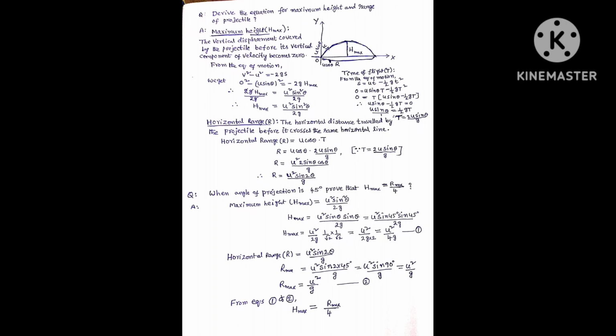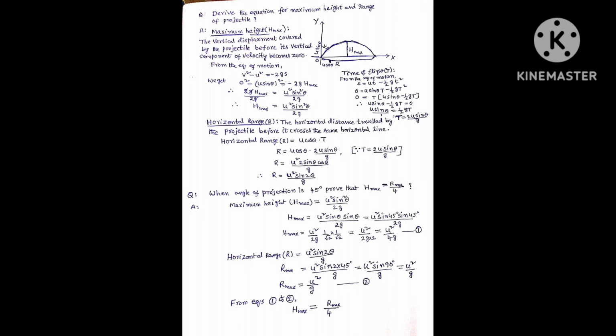Next question we are going to discuss is: when the angle of projection is 45 degrees, prove that H maximum equal to R maximum by 4. To prove the above expression, maximum height H maximum equal to u square sin square theta by 2g.